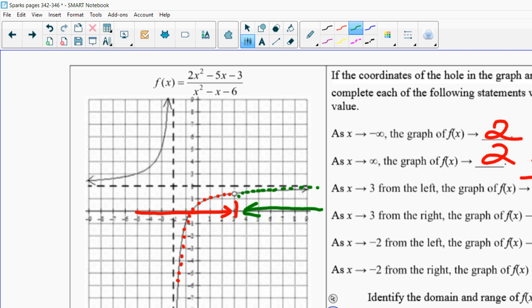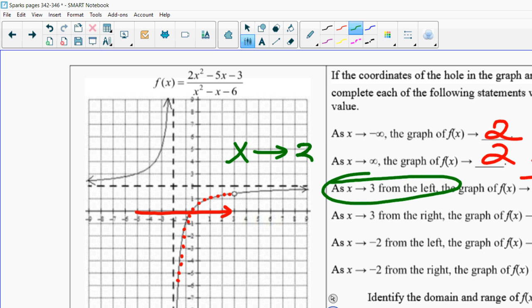Let me show you some notation. You will use this notation in calculus. As x approaches 3 from the left, we write it like this.